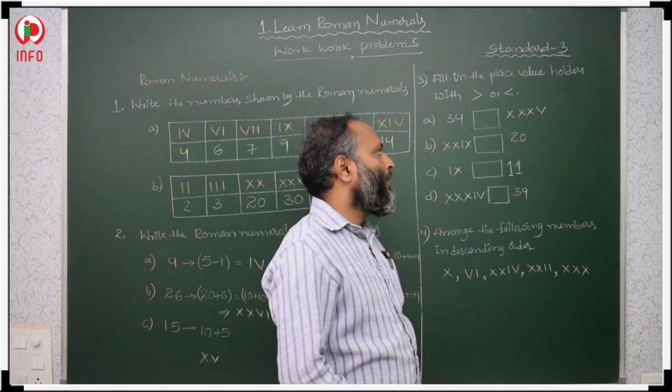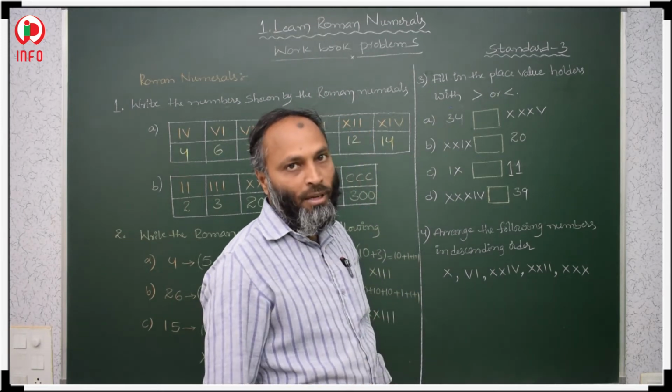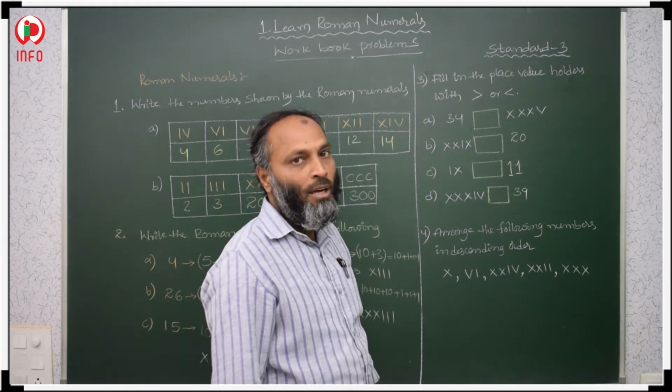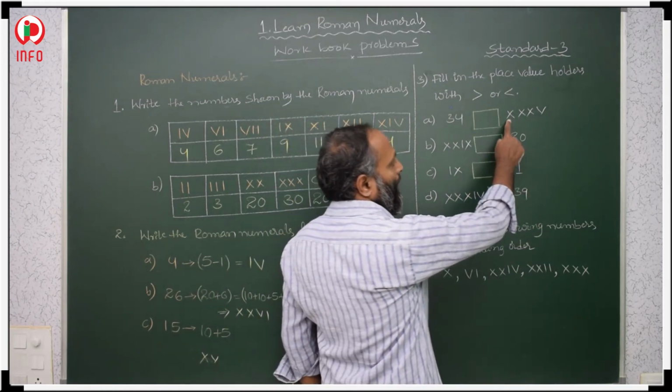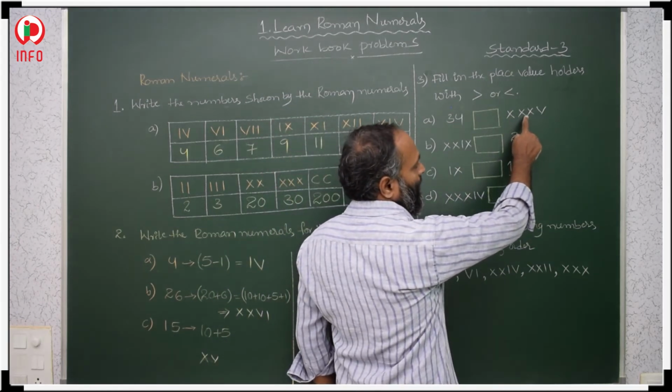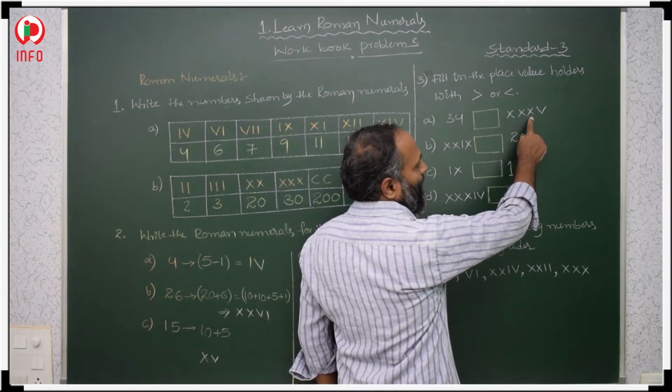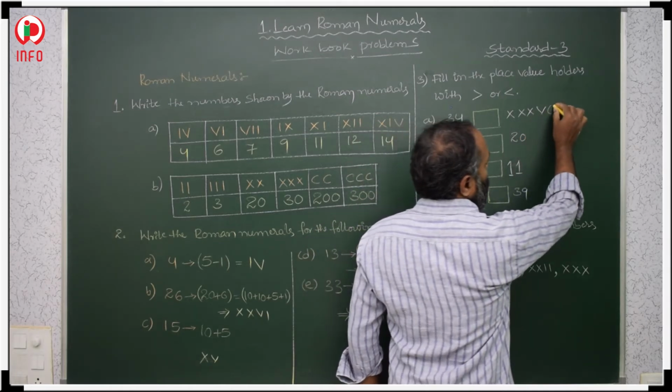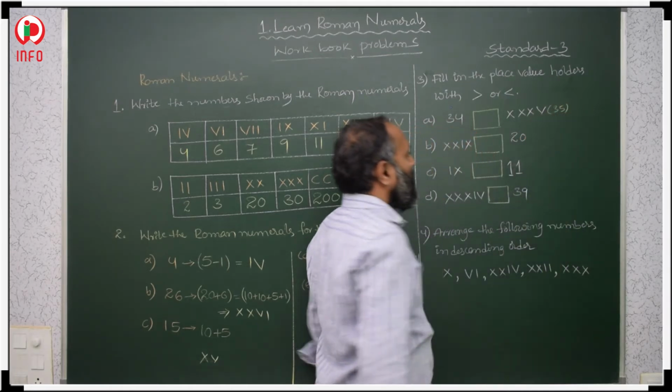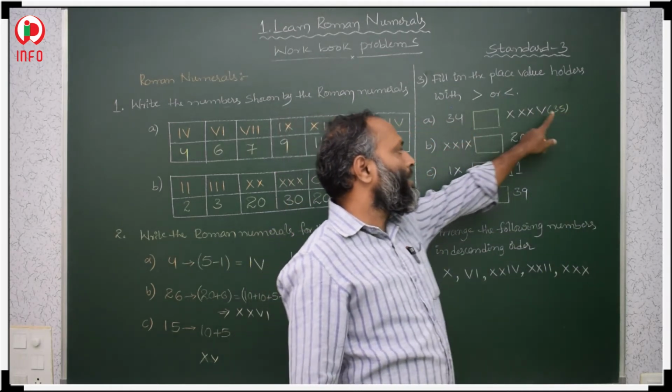The smaller Roman numeral is on the right side of a bigger Roman numeral, so we add: 30 plus 5, 35. This is 34 and this is 35.